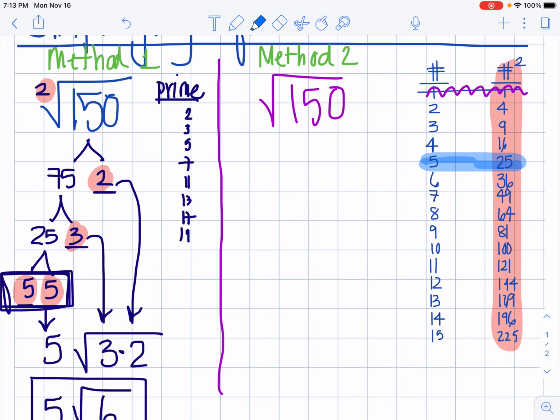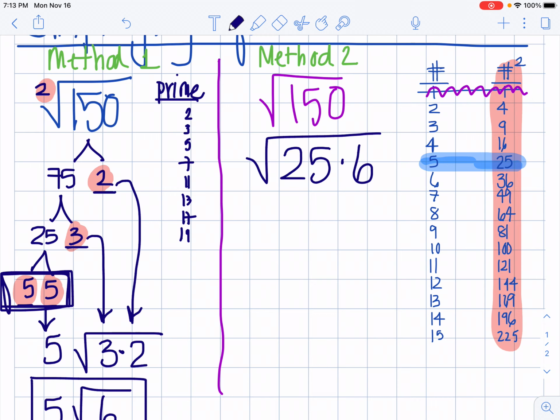So what I'm going to do is say, what is 150 divided by 25? Or 25 times how much is going to give me 150? That's the same as 25 times 6. That's equal to 150. Now I'm going to use the rule of square roots.